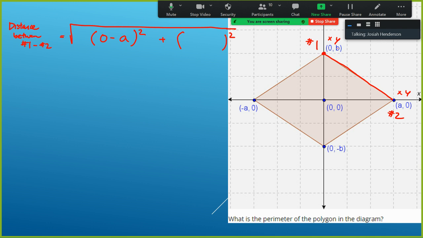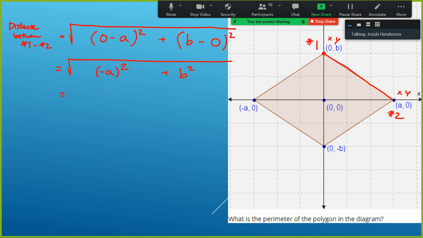Y minus y is b minus 0. Okay, so 0 minus a, well, that's going to be negative a. We don't know what a is, but it's being subtracted from 0, so negative a. B minus 0 is just b.